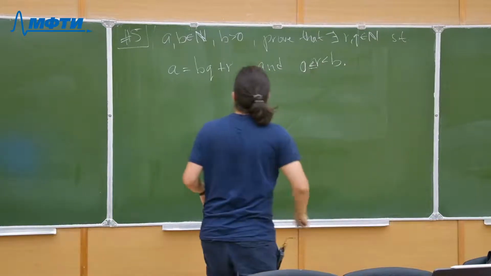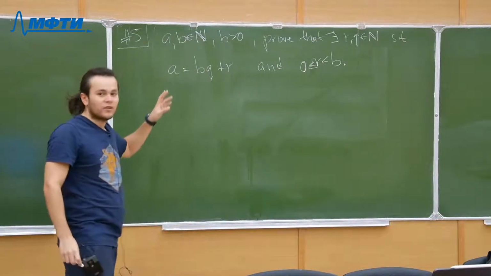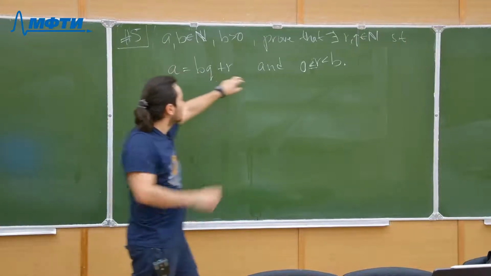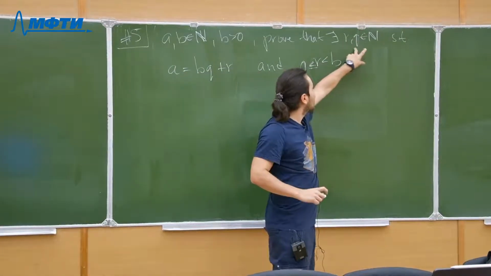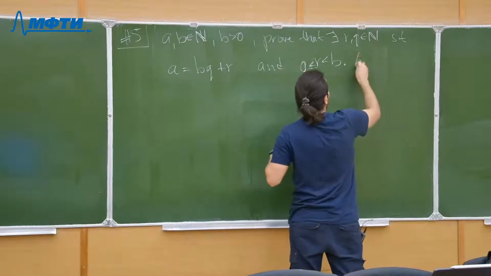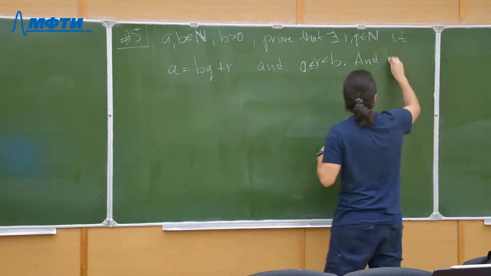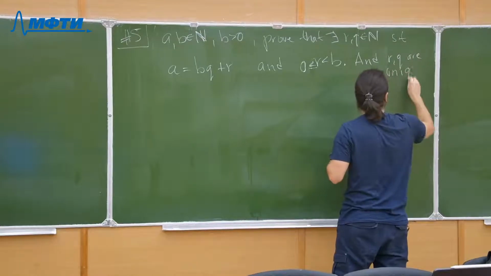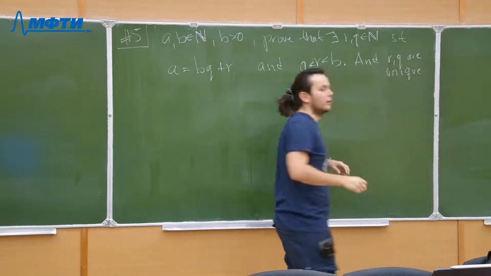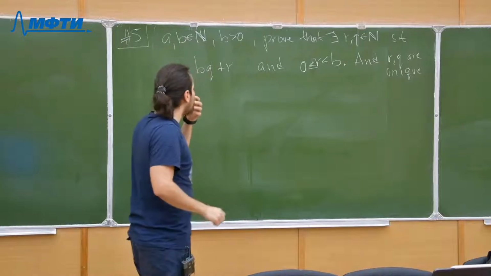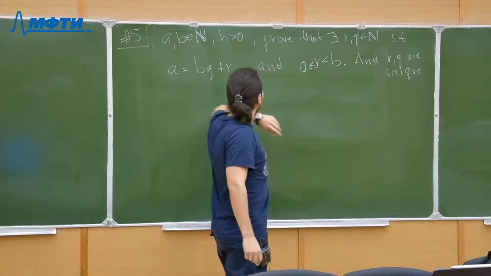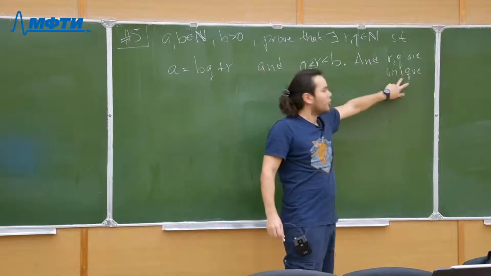So we have to prove two things. We have to prove the existence of such R and Q, and that R and Q are unique. So we have to prove that these two numbers R and Q exist and that they are unique.